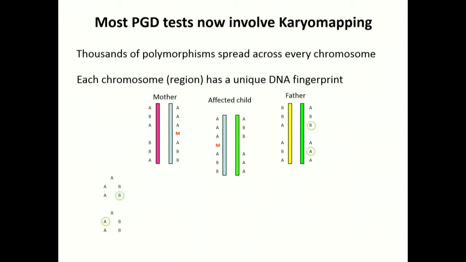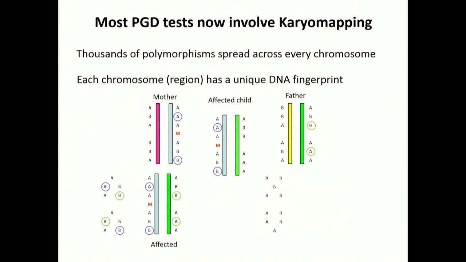So for example, a B at this third position and an A at the penultimate position is only seen on the father's green chromosome, so that chromosome must be there. The A at the second position and B at the last position are only seen on the mother's blue chromosome, so that must be there, and since that one was in the mother and the affected child, that must be the one carrying the mutation. Obviously, for this audience, the concept of good old-fashioned linkage analysis is all very nice and familiar.